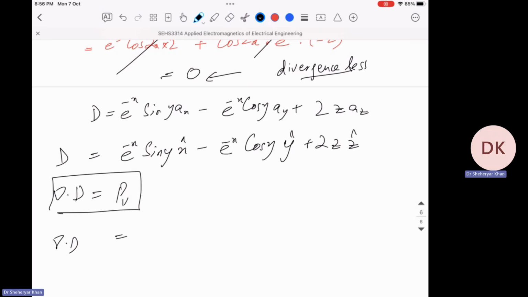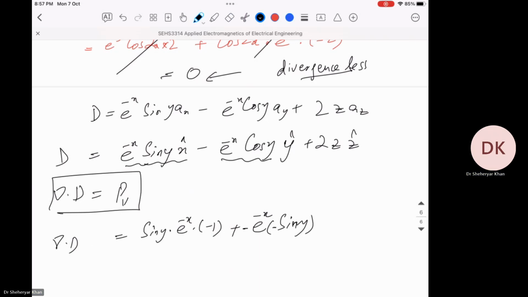Del dot D is, take the x derivative. Sine y is constant, and the derivative of e raised power minus x is minus 1, so we get minus x derivative. Plus, for y, e raised power minus x is constant, and the derivative of cos y is sine y. 2z, z derivative is 1.